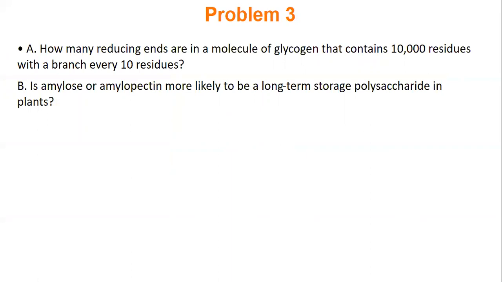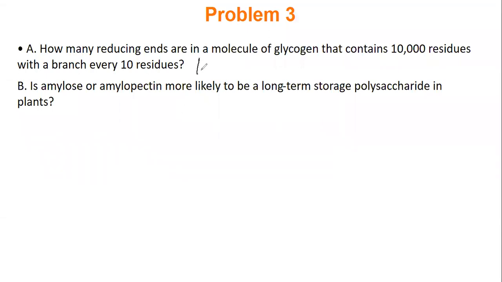So here is another problem, just to check your understanding of how these glycogens are created. How many reducing ends are in a molecule of glycogen that contains 10,000 residues with a branch every 10 residues? This might seem complicated, but it's 1.